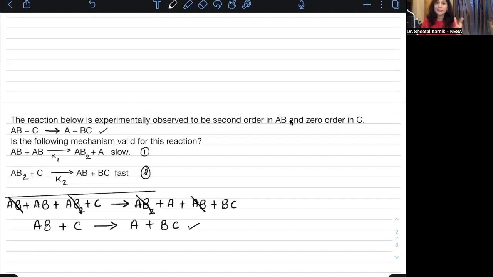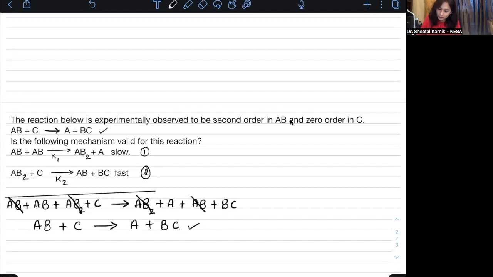Now comes the second step. If this intermediate step is valid, then the overall rate law is going to be the same as the rate law of the slow intermediate step. So let's first calculate the rate law of the slow intermediate step.